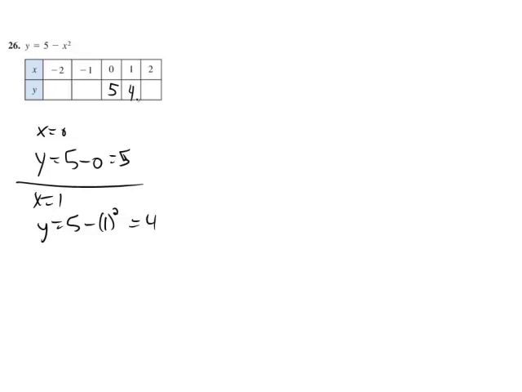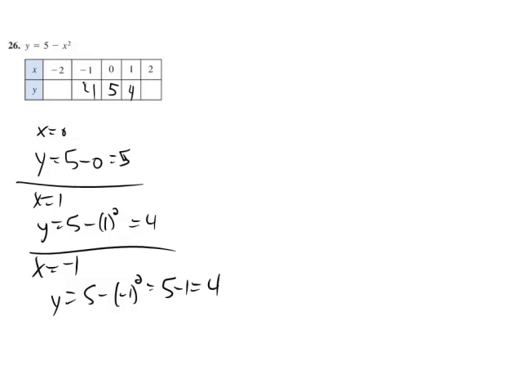Very good. How about when x is negative 1? Square, you get the same thing. 5 minus a negative 1 squared, you still get a 1. So that's also a 4. All right, good. How about when x is 2?